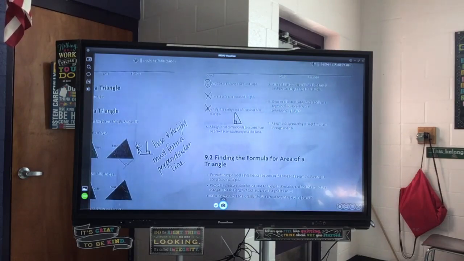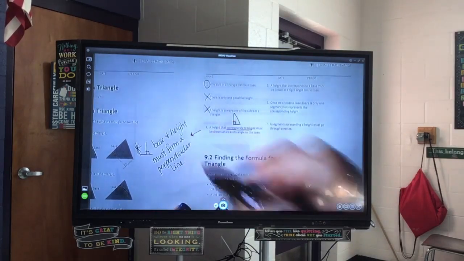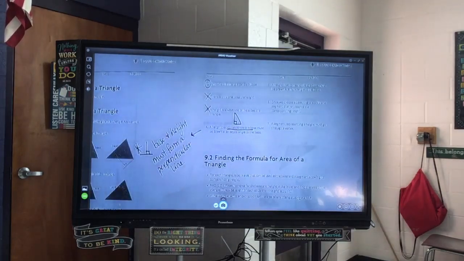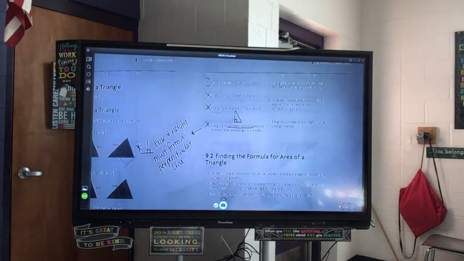If it is corresponding to the base, what type of line does it have to be? Perpendicular. Alright, so that is not true. You don't want it to be an acute angle, which is a small baby angle under 90 degrees. You want it to be a 90-degree angle.